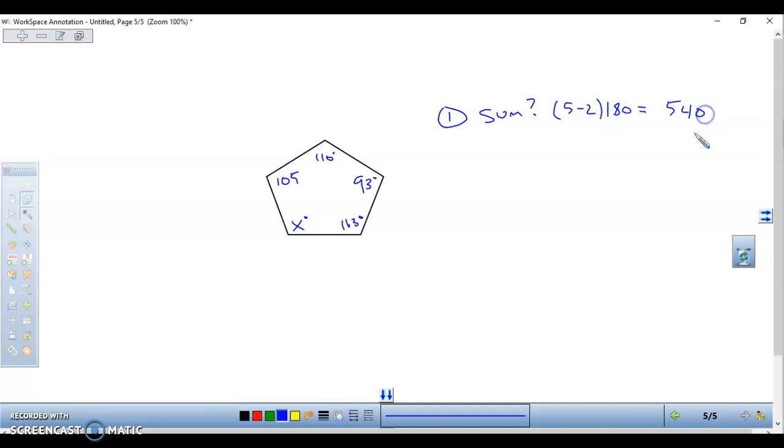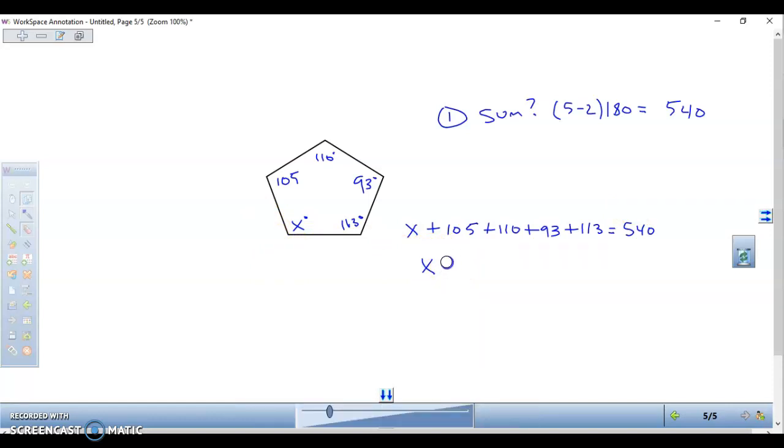And you say, okay, step 1, they all need to add to 540. And now from here, you just set up an equation. Be like, okay, x plus 105 plus 110 plus 93 plus 113 is equal to 540. And now we're going to solve for x. So first thing I'm going to do is combine all my like terms here.